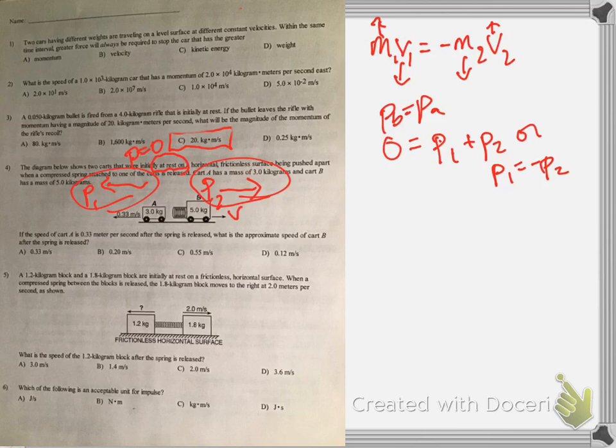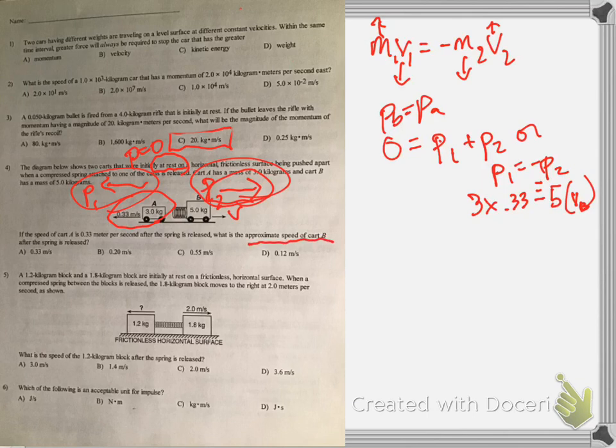So the momentum of cart B: we don't know what the velocity is. The momentum of cart A is 3 times 0.33, and B would be, I should say negative, kind of implied because the arrow here is in the opposite direction, 5 times VB. Is that what they're asking for?